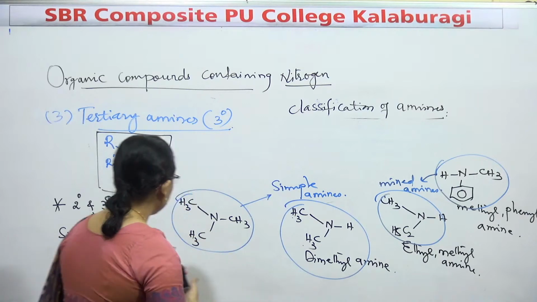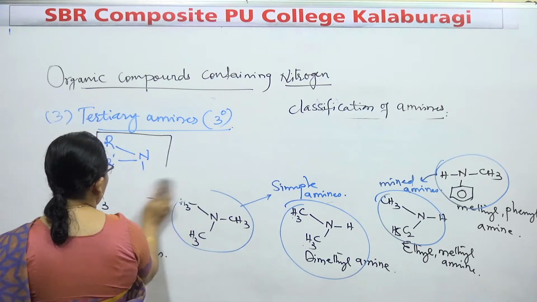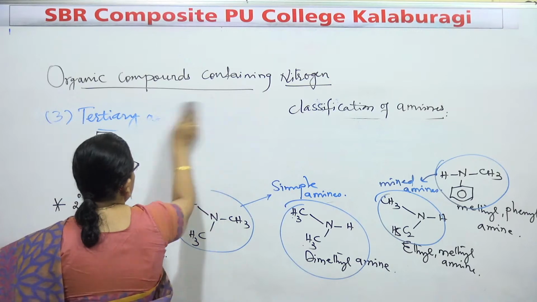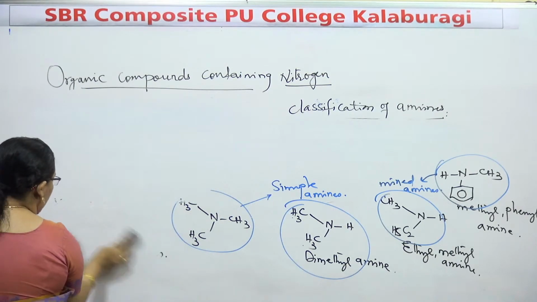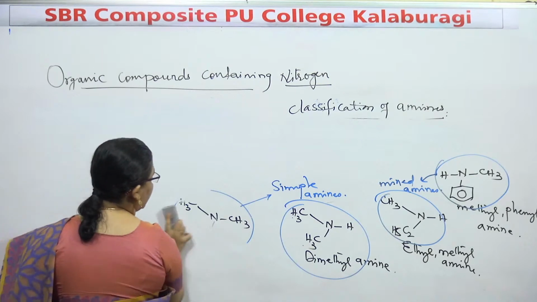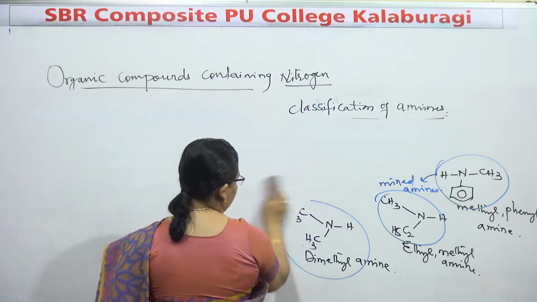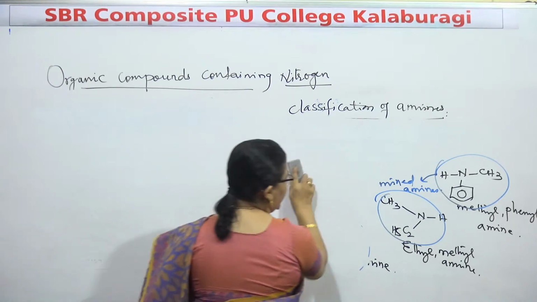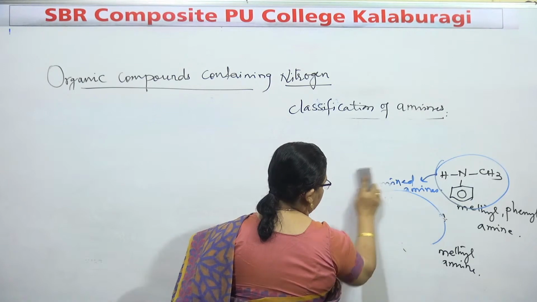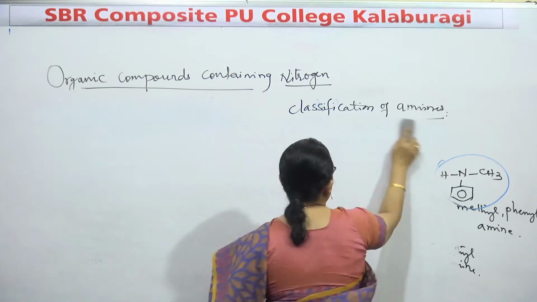It means that the second classification is on the basis of nature of carbon chain, which are directly linked with the nitrogen. They are classified as alkylamine, arylamine, and alkylamine.